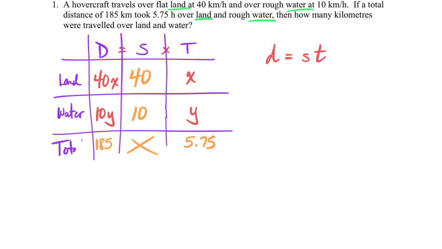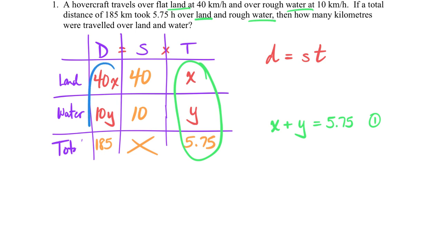So I'm going to create two equations. One equation from my time column. My time on land plus my time over water has to be 5.75. There's equation one. But then you'll also notice I can create a distance equation. That my distance on land plus my distance over water has to equal 185.